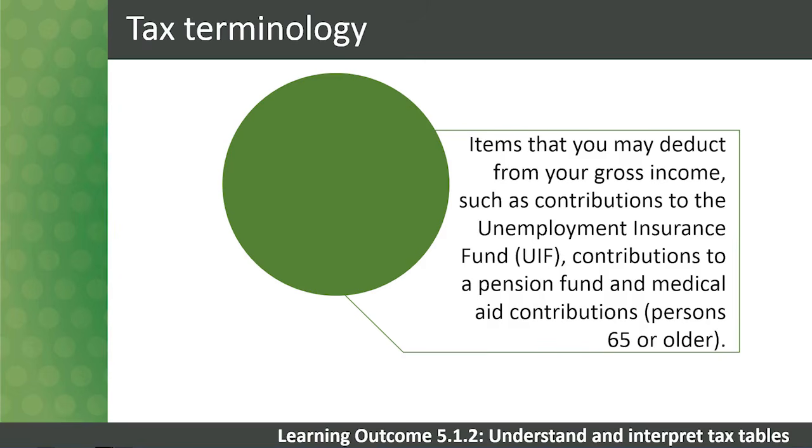Items that you may deduct from your gross income, such as contributions to the Unemployment Insurance Fund, UIF, contributions to a pension fund and medical aid contributions, which only applies to persons 65 or older. Deductions.